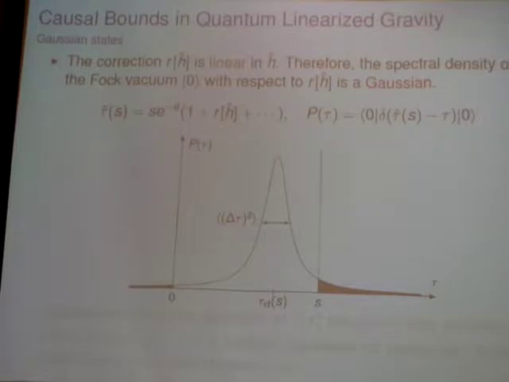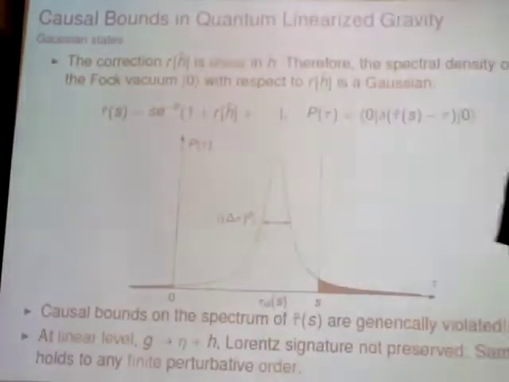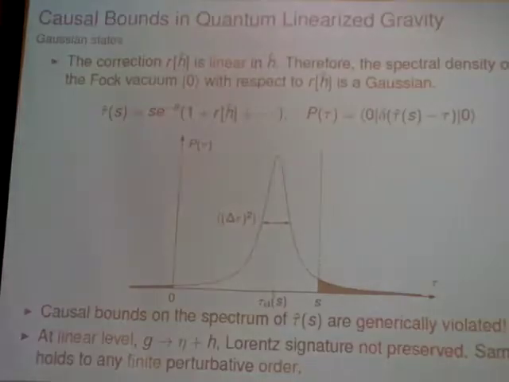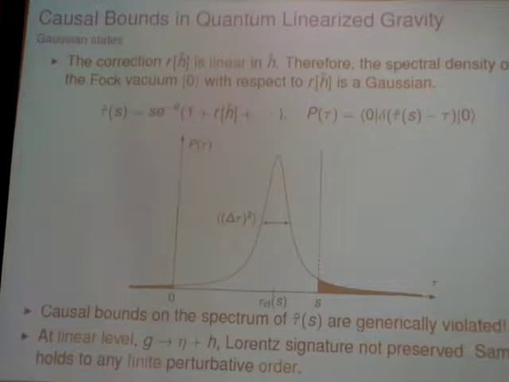But recall that the same exact thing could happen in classical perturbation theory if we did not impose bounds on the amplitude of h, of the perturbation h. So there's this unfortunate interference between perturbative effects and signatures of possible causality violations.